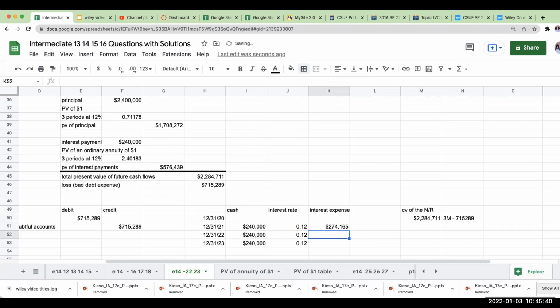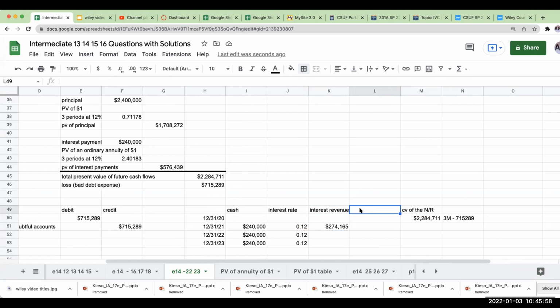274,165. Okay, so actually that's not interest expense. This is going to be interest revenue, because I'm loaning, I'm the one who has a loan. When I receive interest, it's interest to me. So right over here, I'm going to have interest revenue.